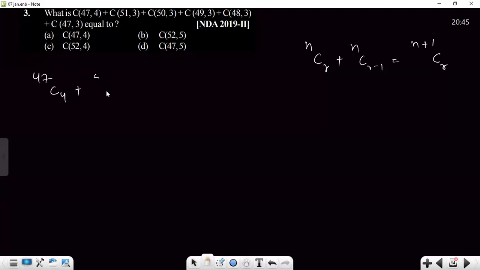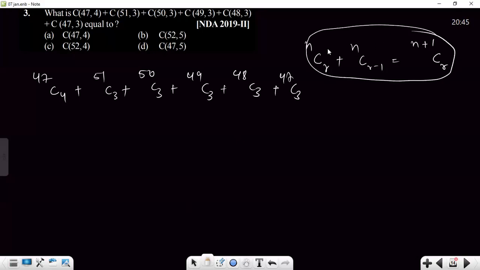47C4 plus 51C3 plus 50C3 plus 49C3 plus 48C3 plus 47C3. Now observe one thing. This property is applicable only on combinations having the same n. Where are they? In the first and second terms. So n's value gets added, 48, and r remains whichever was the greatest. 4 is the greatest.